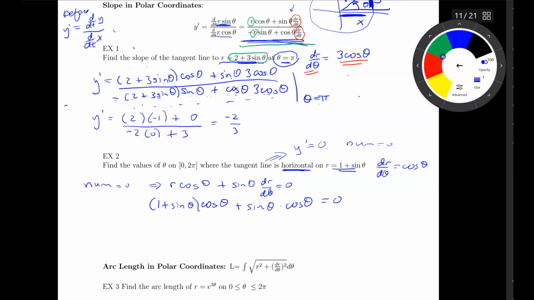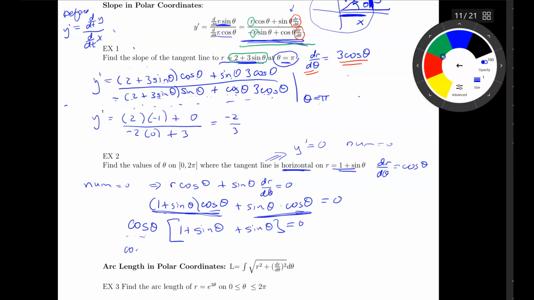0. Remember, never ever divide through by a trig function or a variable for that matter, because you lose answers. So I want to factor out this cosine. If I take it out of this whole term, I'd be left with a 2 plus 3 sine of theta, and if I factor cosine out of this term, I'd be left with 3 sine theta.